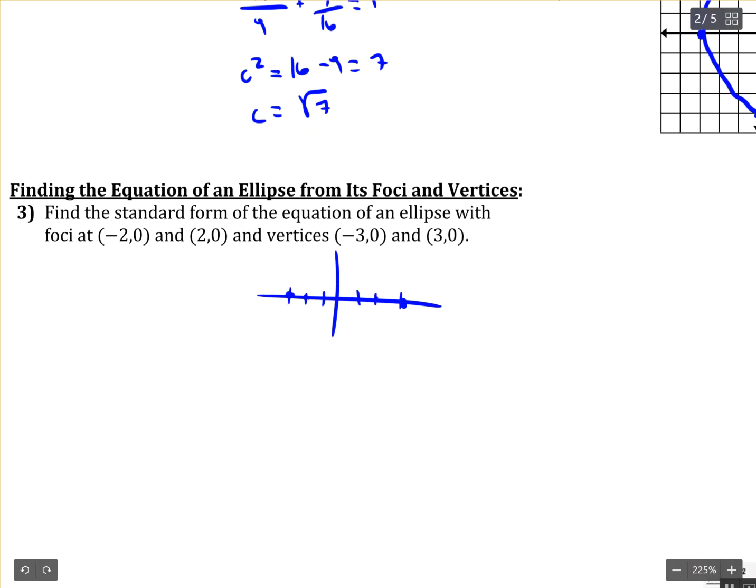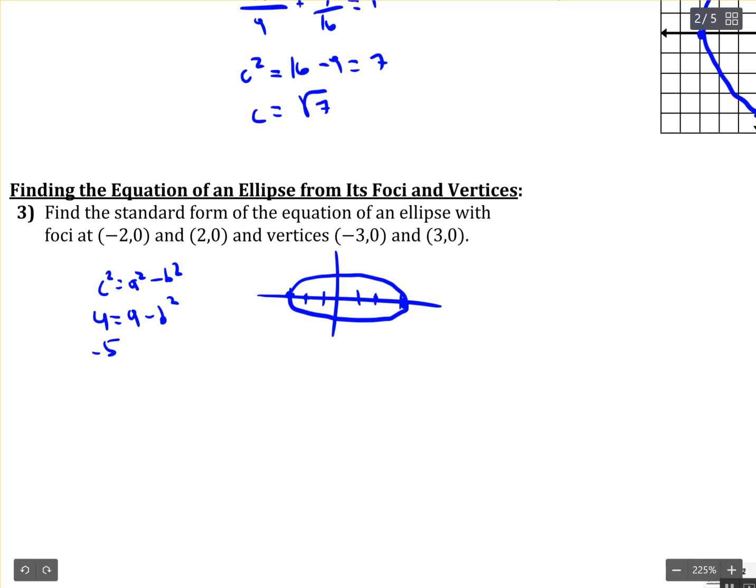But I know that's my major axis, right? So it's got to be something like that. That's my longer one. So notice c squared equals a squared minus b squared. And c is equal to 2, because remember, our foci are 2 away from the center. So I get 4 equals, a is 3 because we're 3 away from the center, 9 minus b squared.